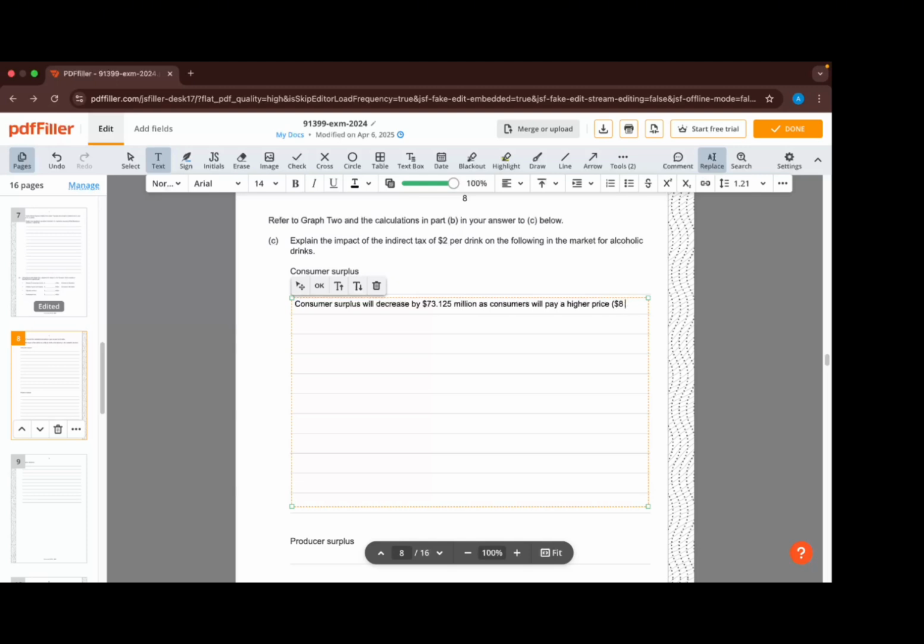So this means, guys, as I said before, the difference between what they're willing and able to pay has decreased. That's the sentence that I always want you to put in there. Always put it in, even if you think it's obvious. Meaning the difference between what they're willing and able to pay will decrease.